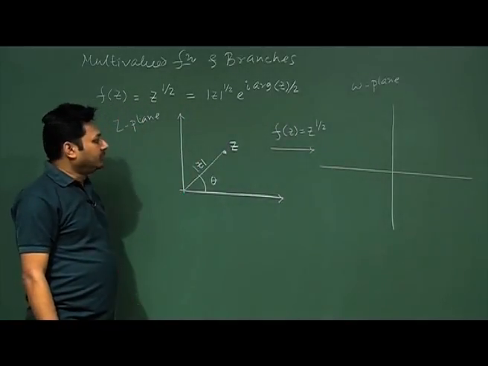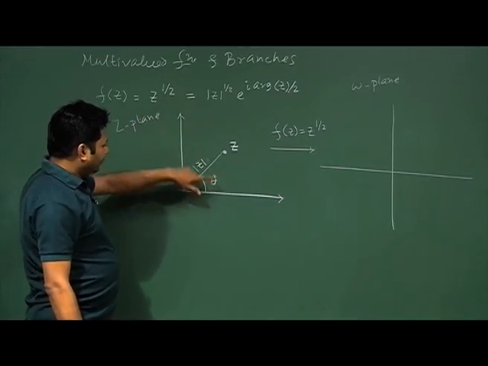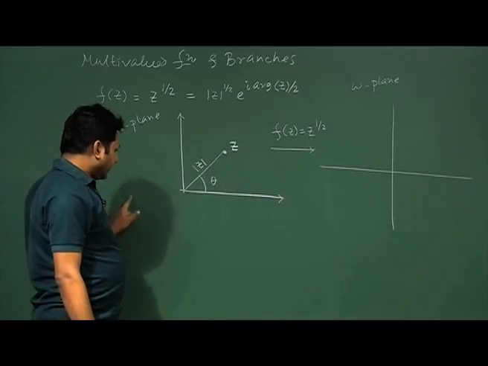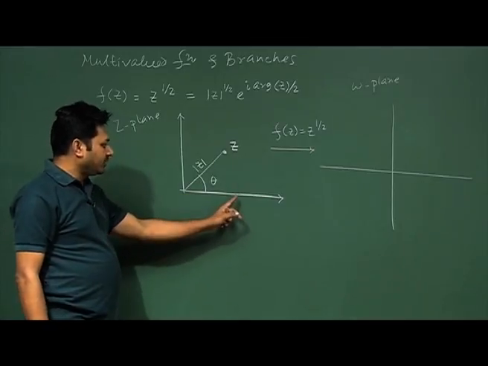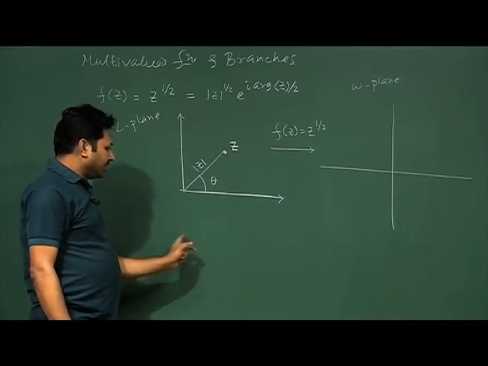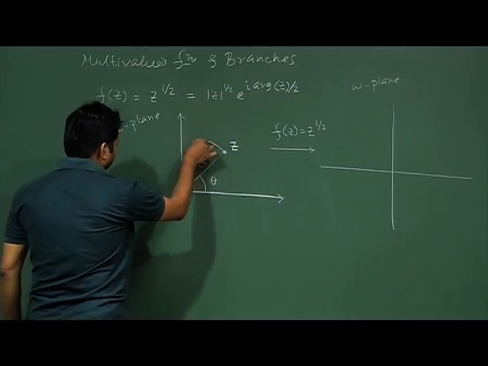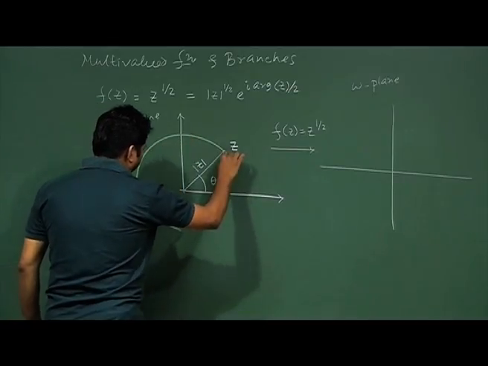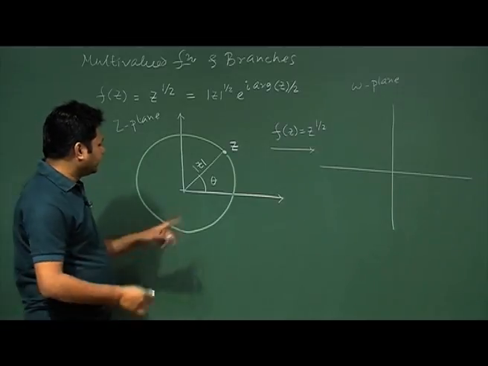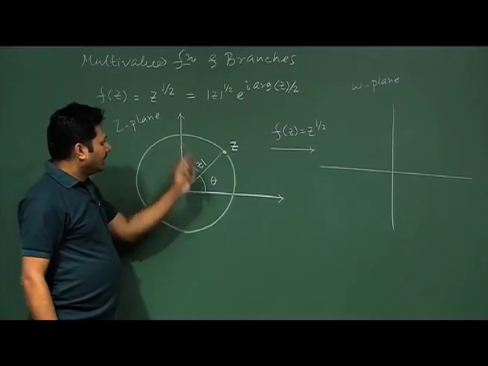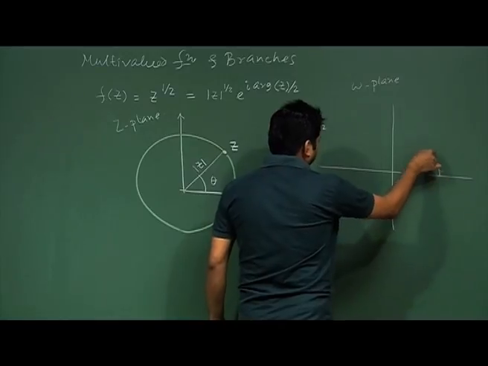But since it is z to the power half, if I rotate the point one full circle, say z is a point which I am rotating along this path, essentially I am changing the value of theta. In the w plane I can only cover up to this.